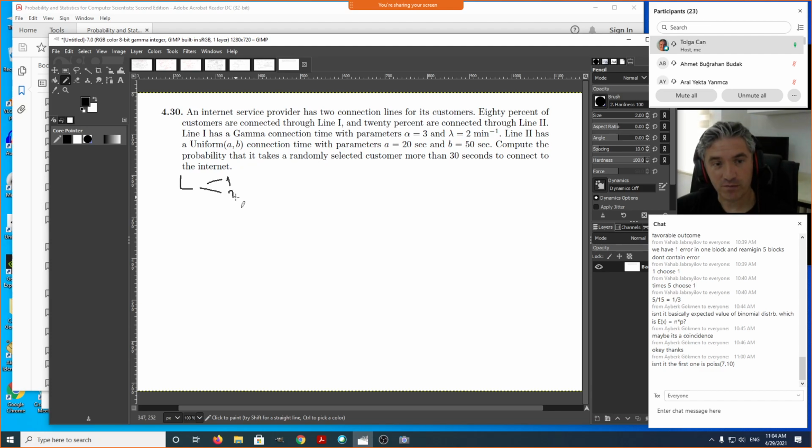So this becomes a random variable in this case. It's not an event. But the probability that this random variable is 1 is 0.8, and the probability that your line number is 2 is therefore 0.2, right? So the first 2 sentences give us this information.